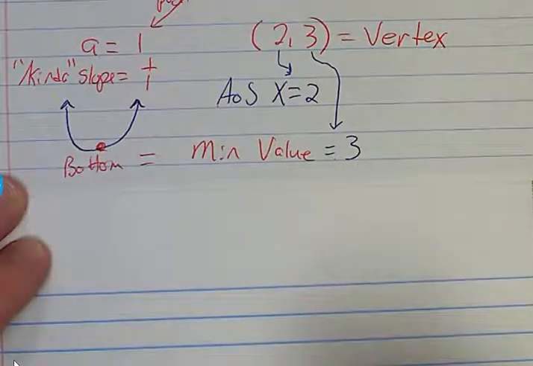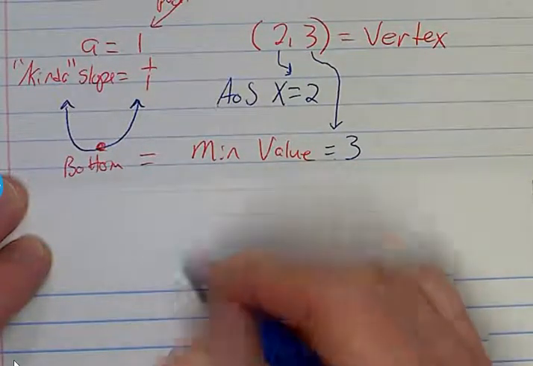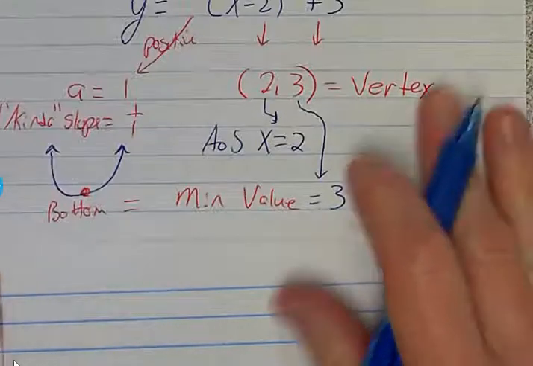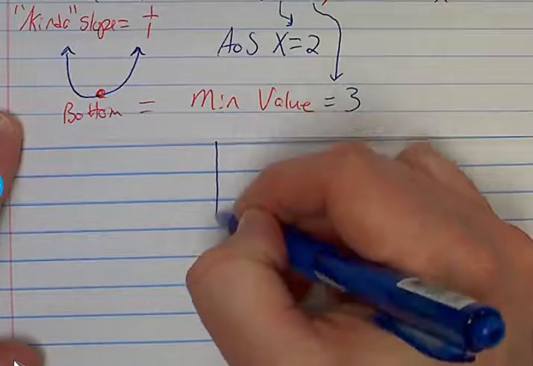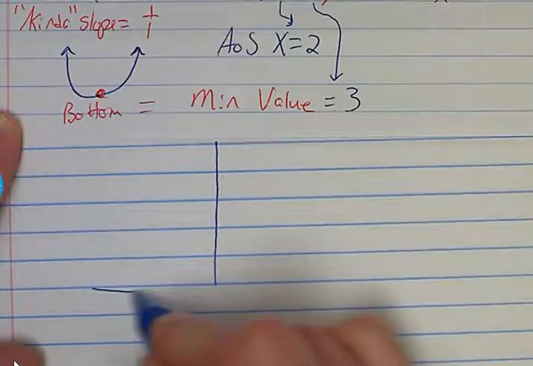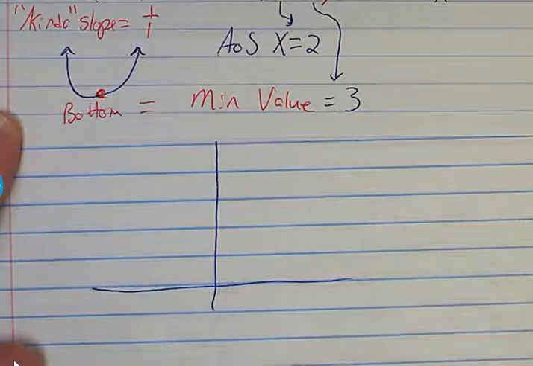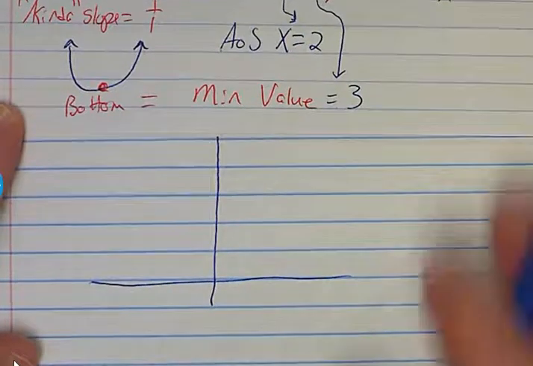Alright, this one needs a lot of room at the top to graph this, so when you graph it, do leave a lot of room at the top of it, because that's where we're going to have to graph everything.